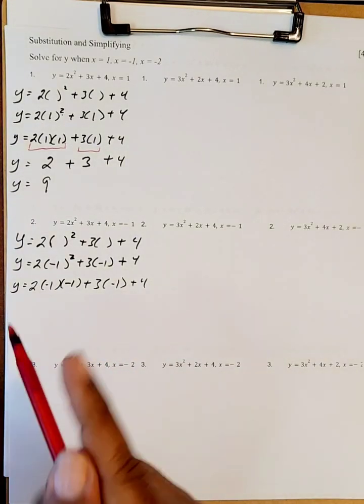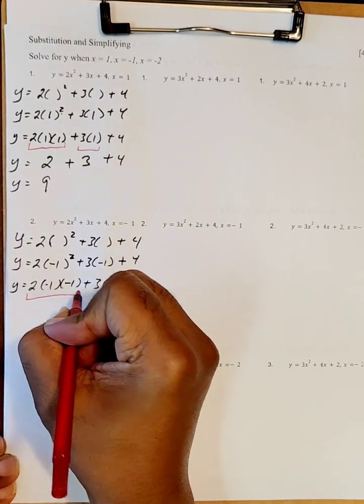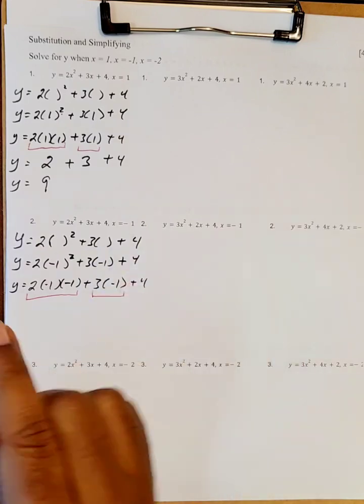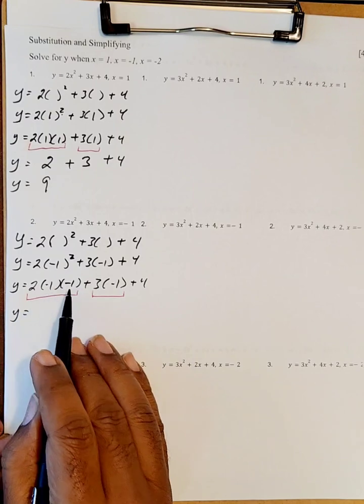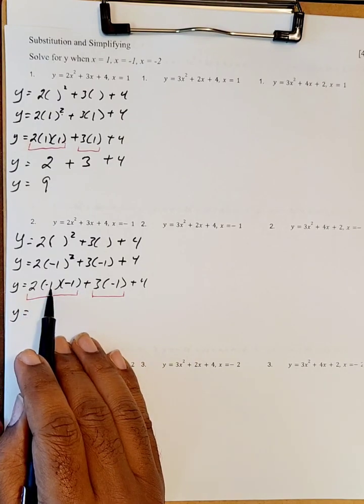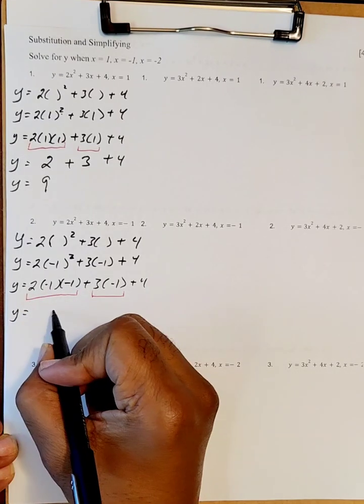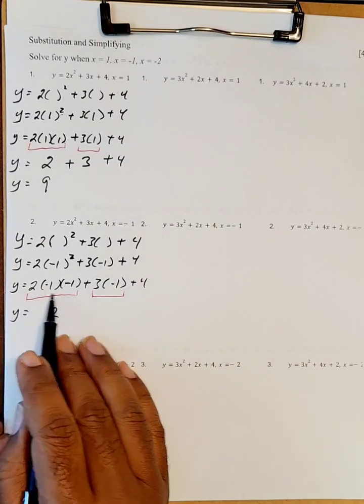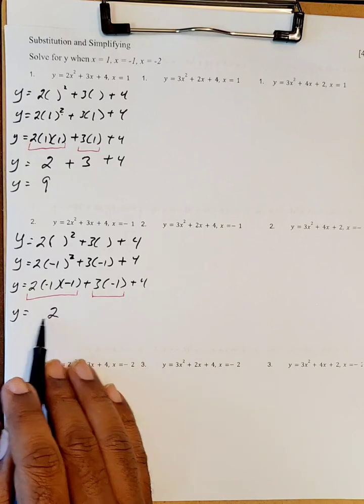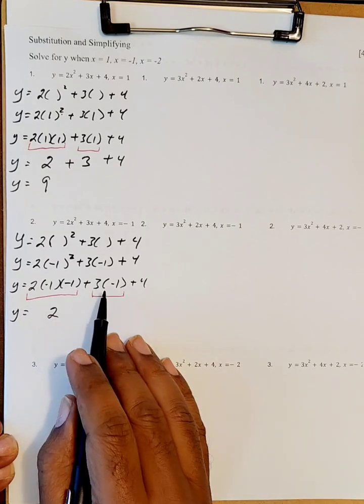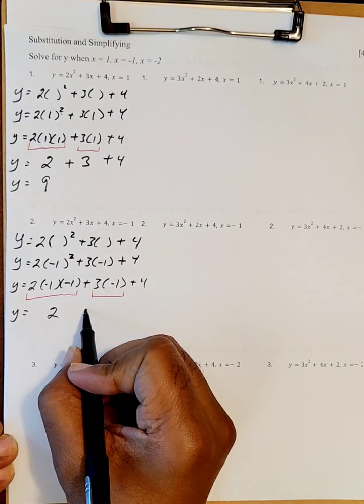Now it's time for multiplication. We're going to multiply these, and this is also multiplication. So we have 2 times 1 times 1. 2 times 1 is 2, and 2 times 1 is 2. And we're multiplying with a total of 2 negatives. When you multiply with 2 negatives, your answer will be positive. Here we have 3 times 1, which is 3.